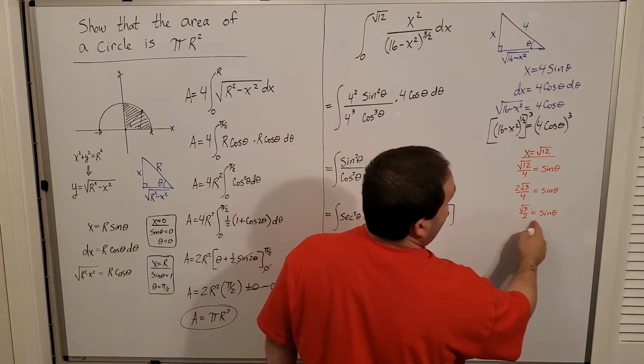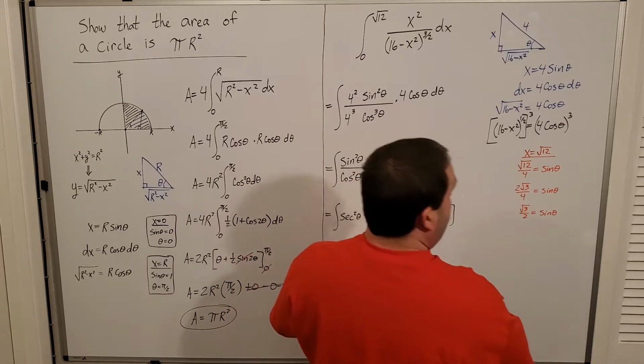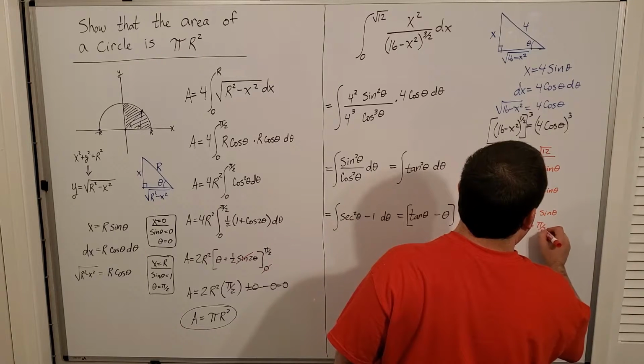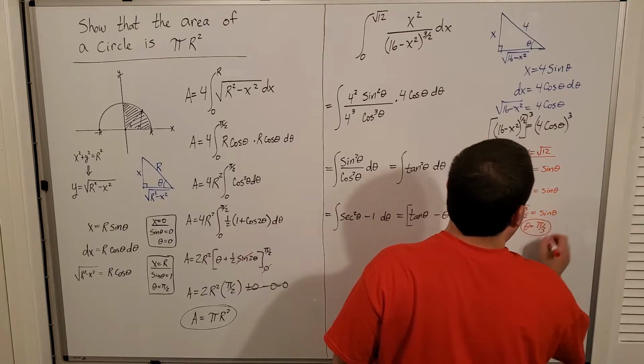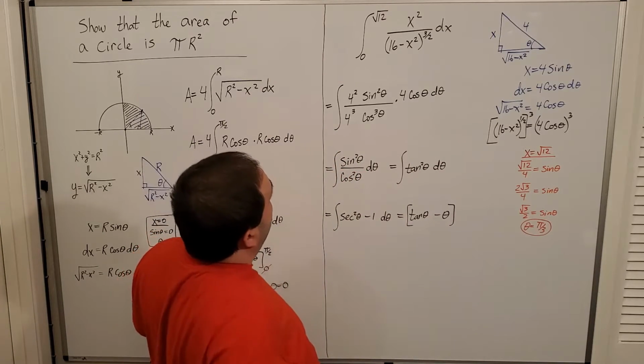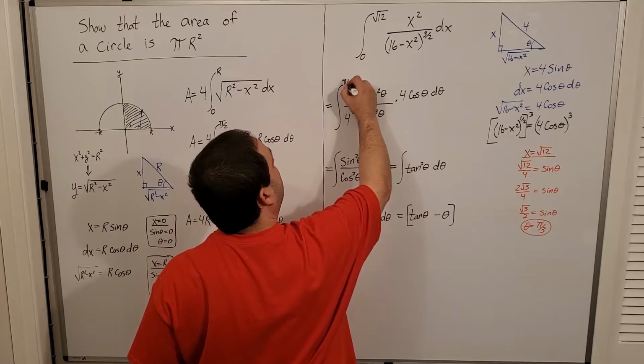Square root of 3 over 2 with a sine value is 60 degrees, or in other words, theta is pi over 3. Okay, so then that's going to be my upper limit, pi over 3.